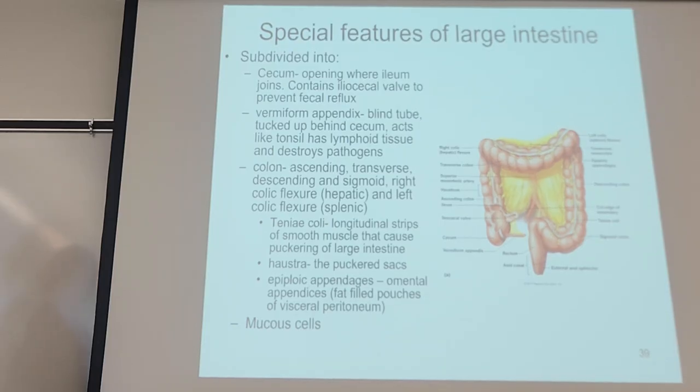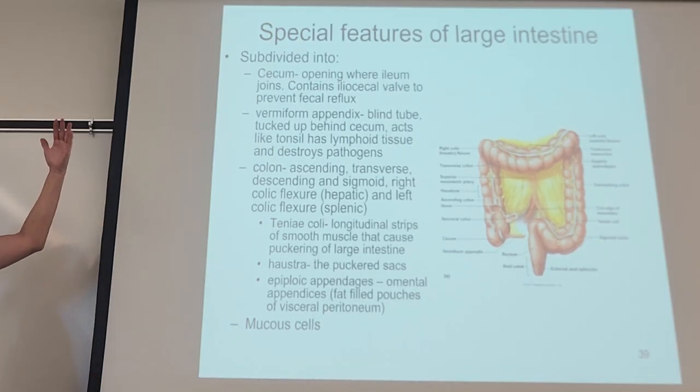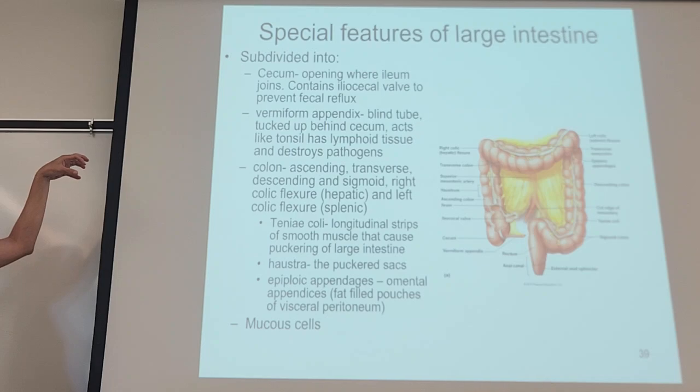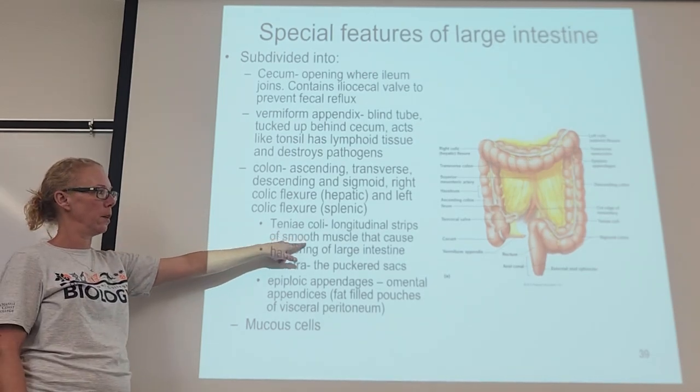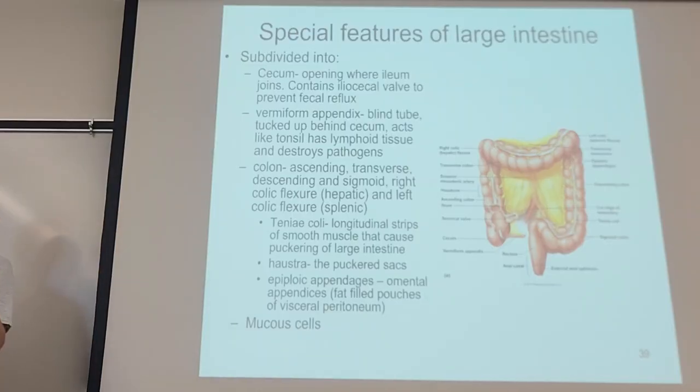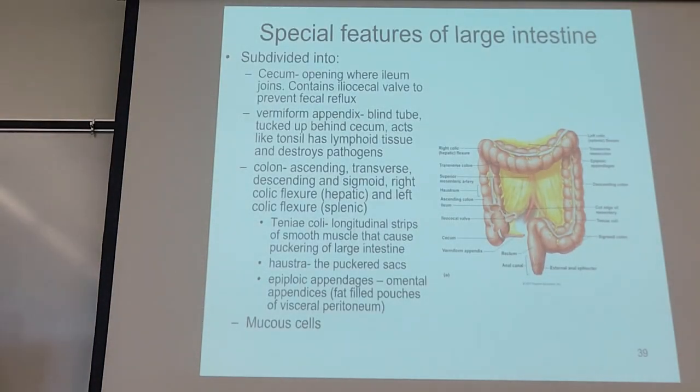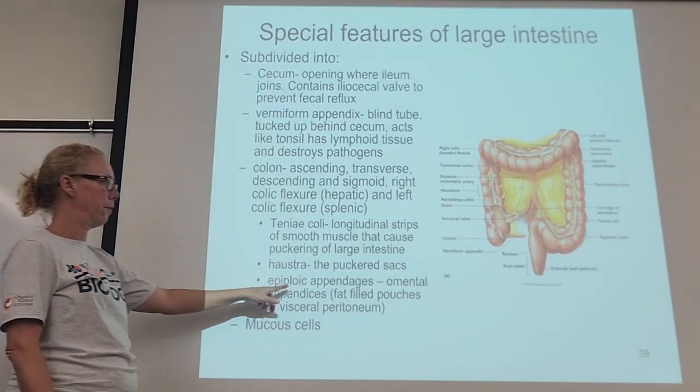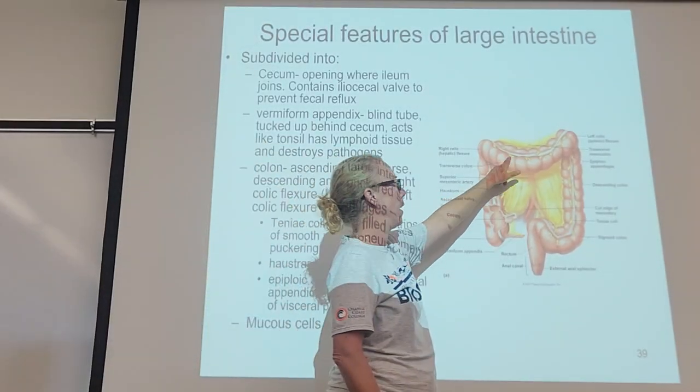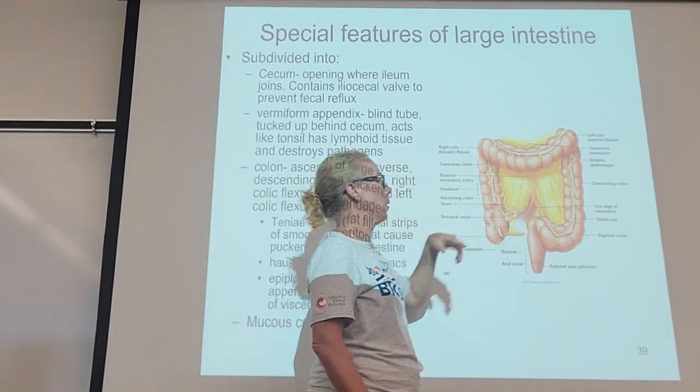The colon, you identified in lab: ascending, transverse, descending. You've got two flexures, which are the curves that they take. The tenia coli is smooth muscle that's going to promote peristalsis. Epiploic appendages, we didn't identify that in lab, but they're basically just little fat-filled pouches. That's all those are.